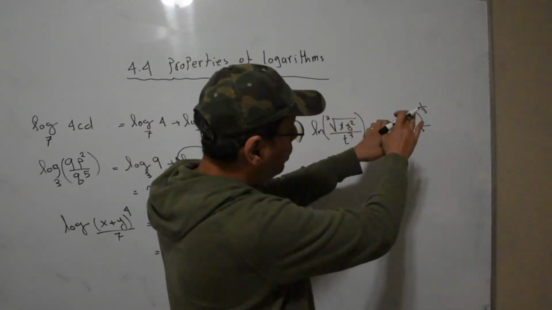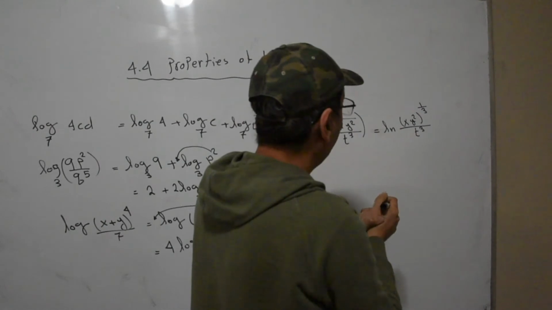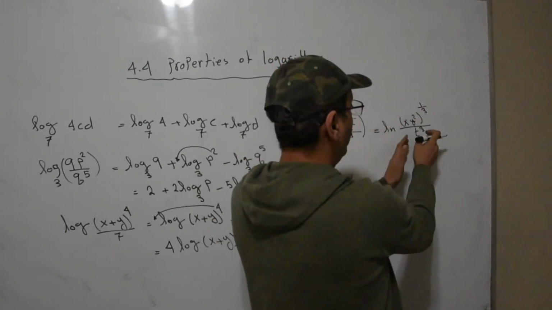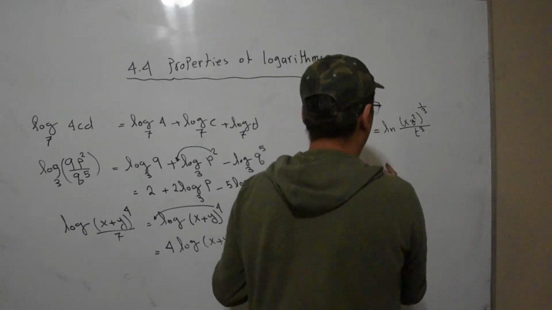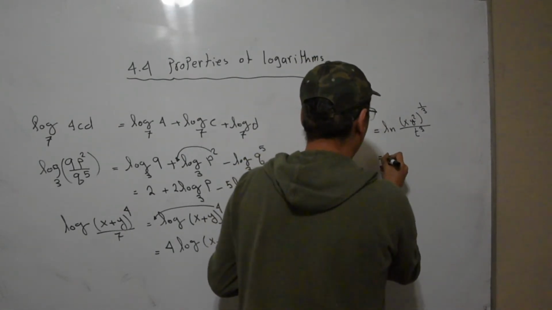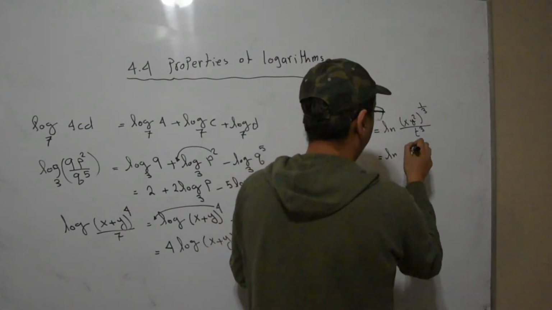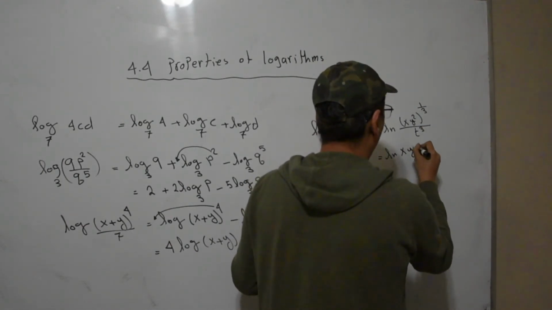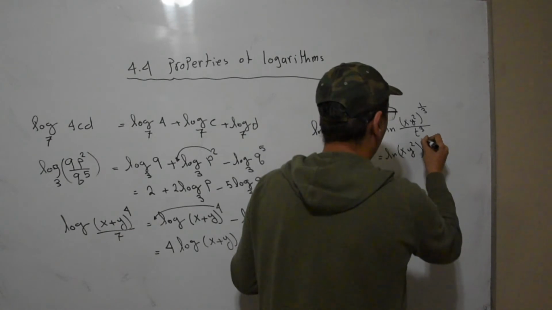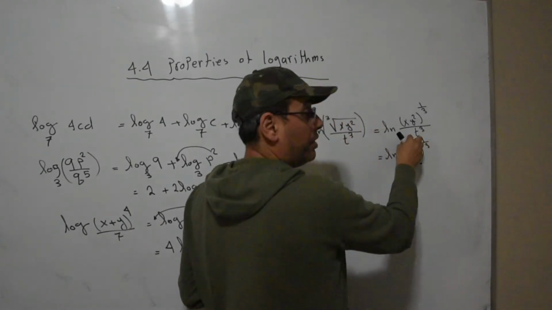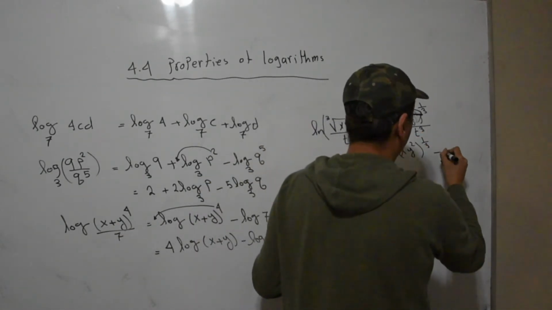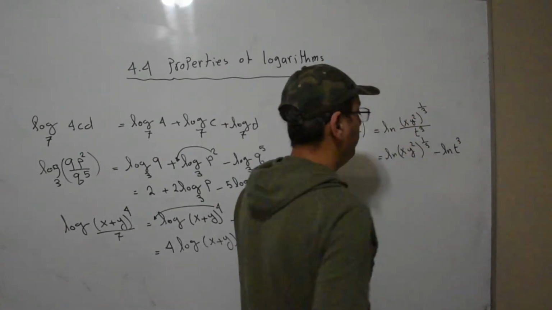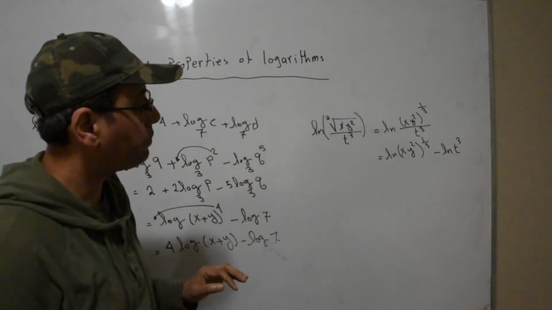Okay, now I will break it down. So I'm going to break the numerator in one term and the denominator in one term. So that would be equal to the natural log, the positive one, okay, xy squared all to 1/3, and this is the denominator, so it must be minus the natural log of t cubed. Okay?